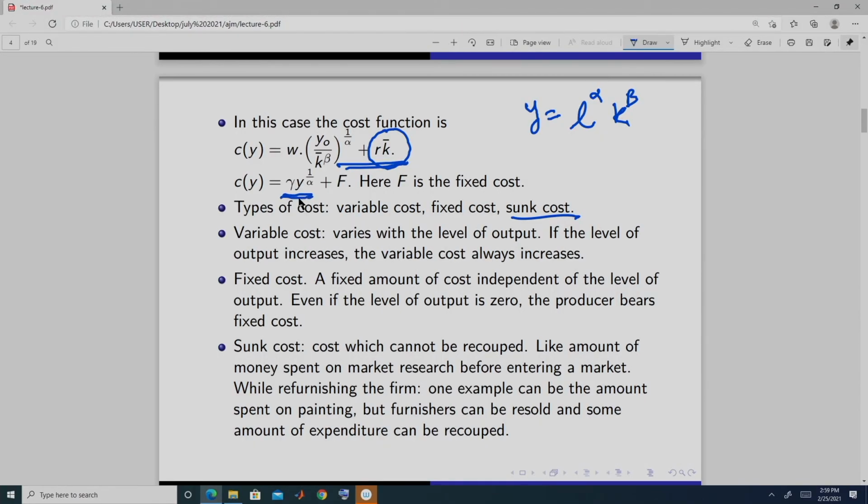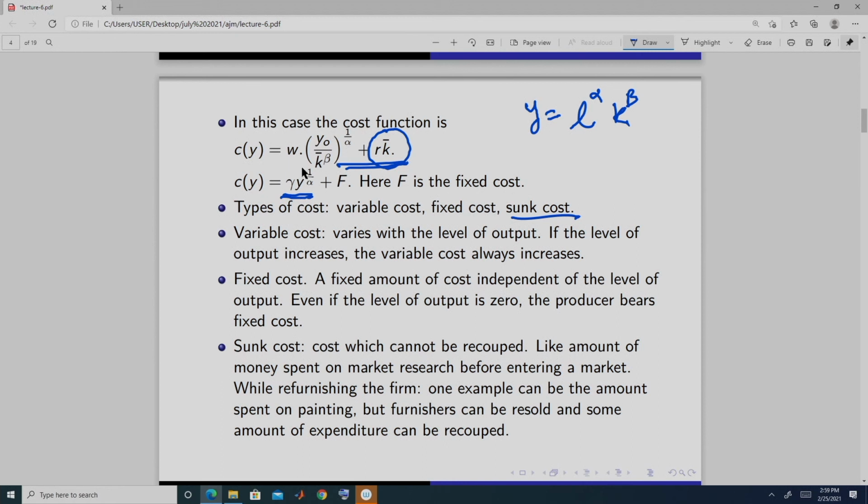Okay? And if you want to reduce your output, then you are not going to employ that much input. So, in that case, you will reduce your employment of that input, and the cost related to that input is going to go down.